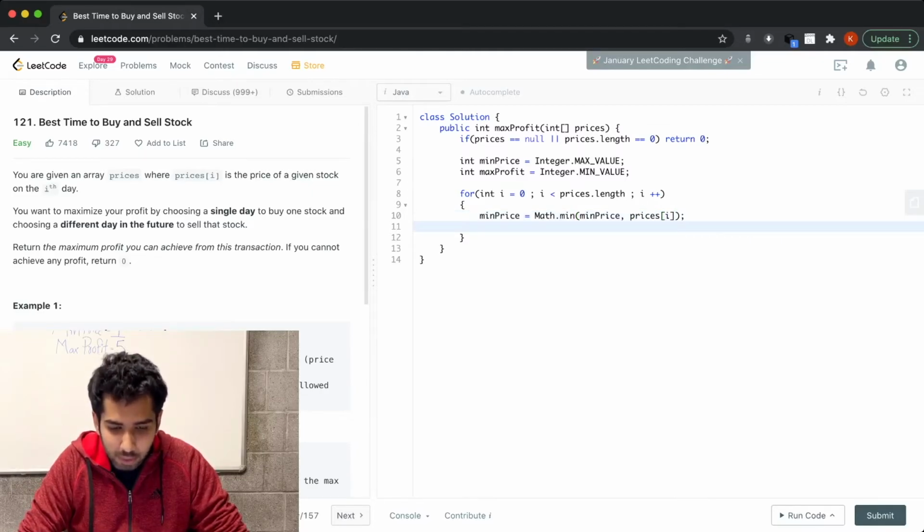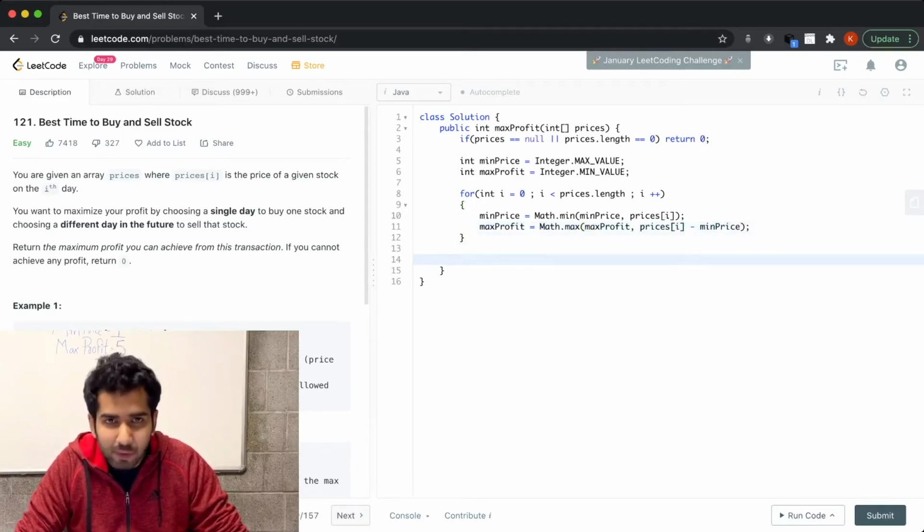Okay, now the maximum profit. So the value of maximum profit will be Math.max of the current maximum profit and the current value, which is prices[i] minus the minimum price. Okay, in the end we'll be directly returning the maximum profit.